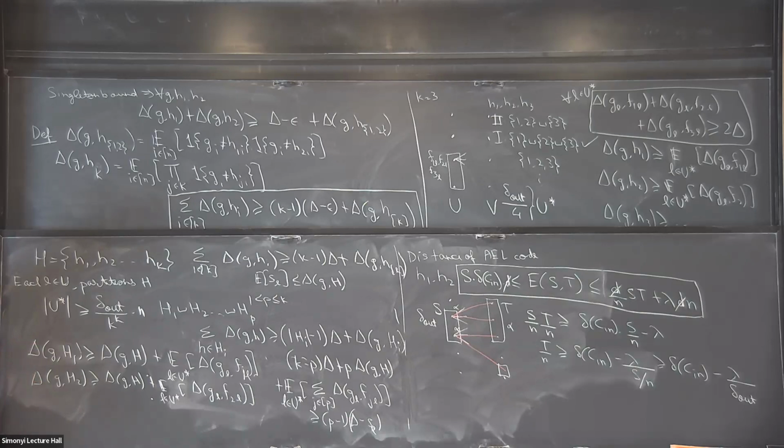Essentially, what we want to use is the distinctness of all these code words. For things in different partitions, the local singleton bound is using their distinctness, because we are applying it for P things at a time. Okay, I don't understand, but maybe we should take it offline. Yeah.